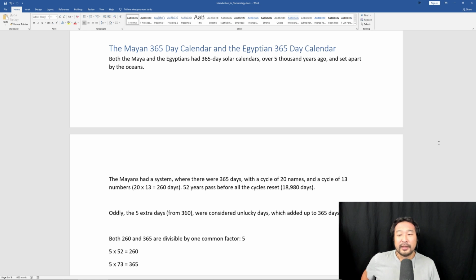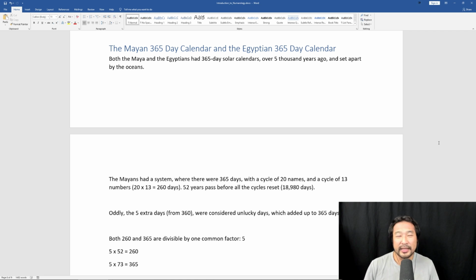So, as you know very well, I did some research into how we got the 365-day solar calendar, the evolution of it. Because throughout history, people thought that either the sun orbited the earth or the earth orbited the sun, and we know that a complete circle has 360 degrees.